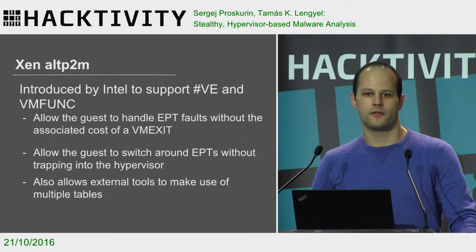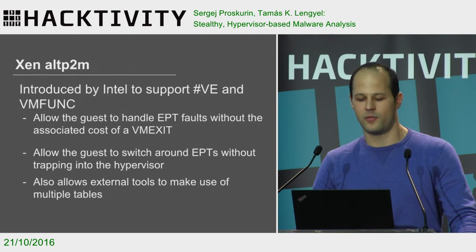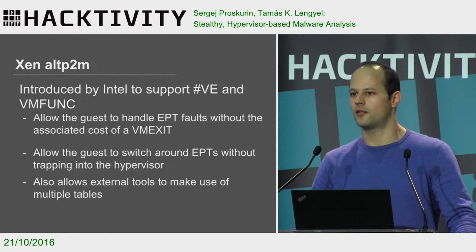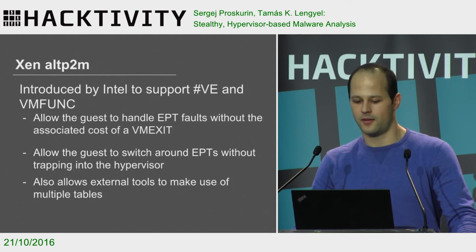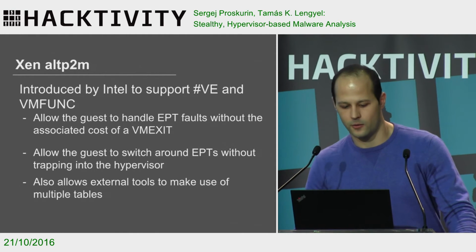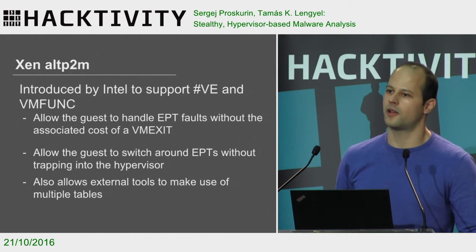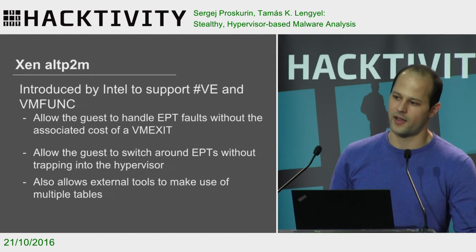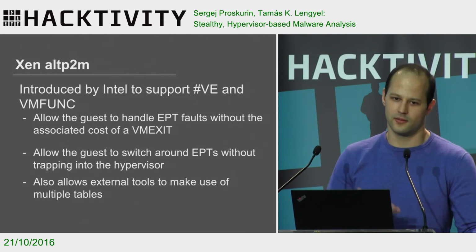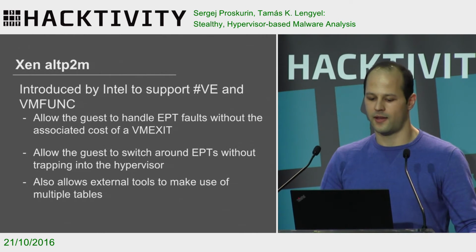The original idea of Xen alt P2M was to make use of this interesting function called VMFunc. This function is special insofar as it provides the ability to dynamically switch between predefined memory views, that is, well, EPTs on x86 at runtime.